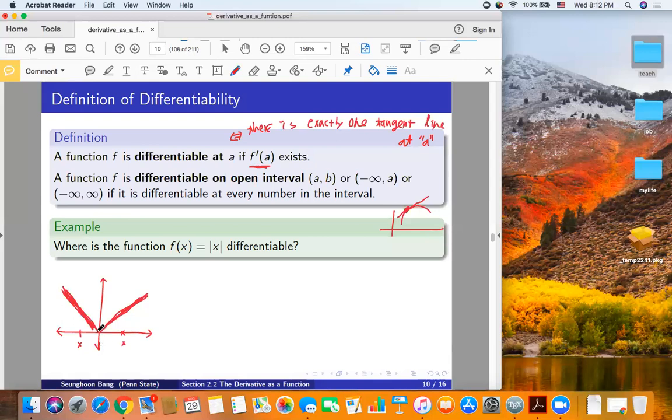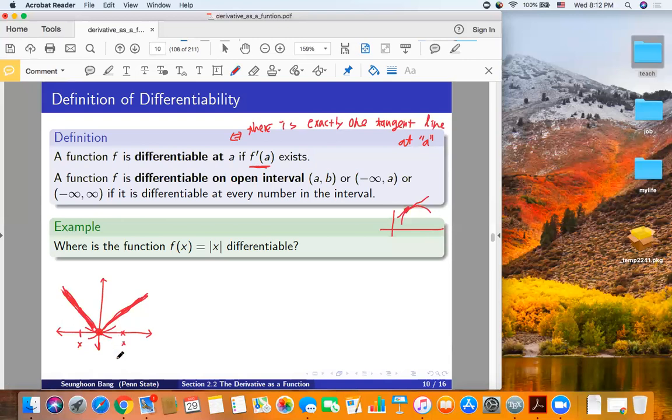How about zero? This is like a corner. Differentiable or not at zero? Here, I want to draw a tangent line. This one is a tangent line.